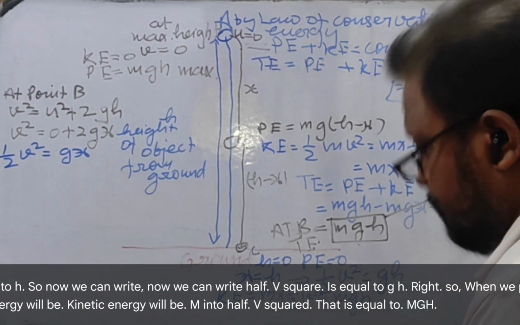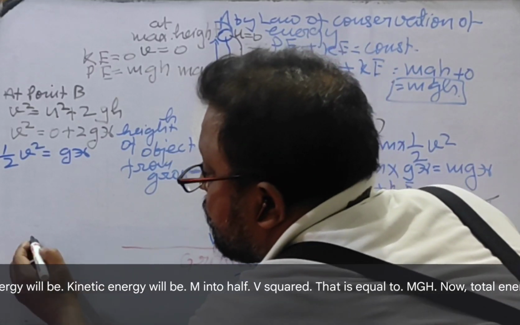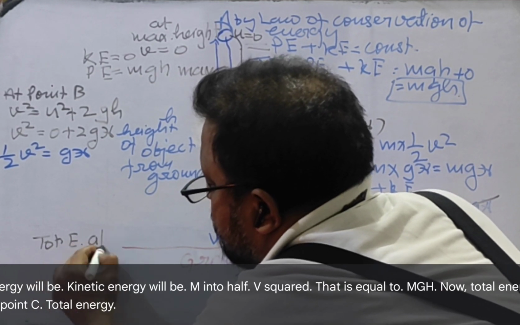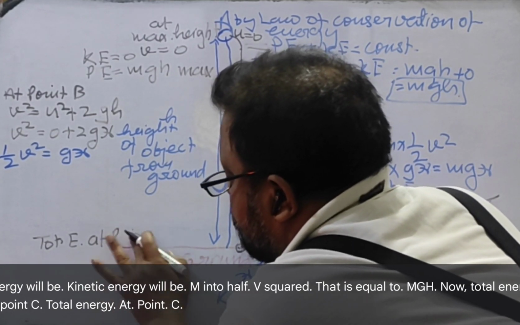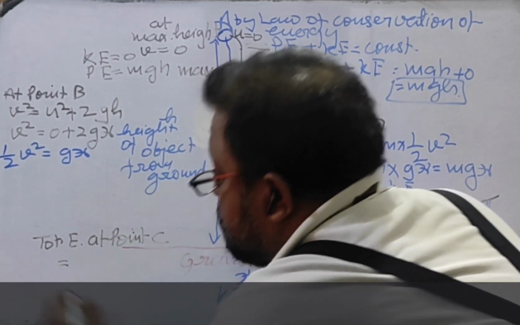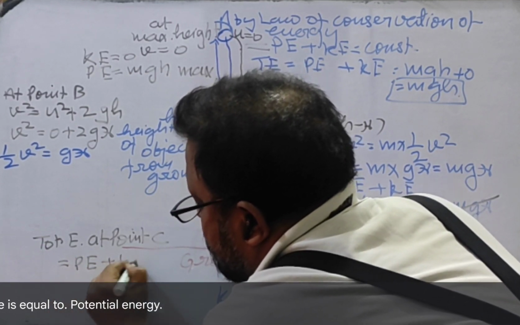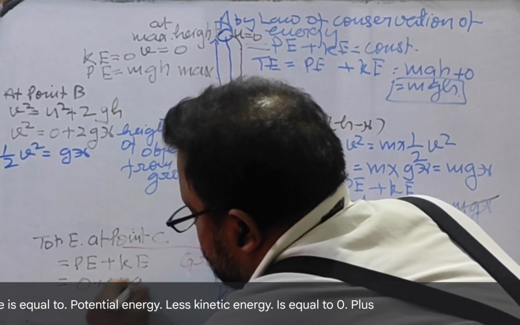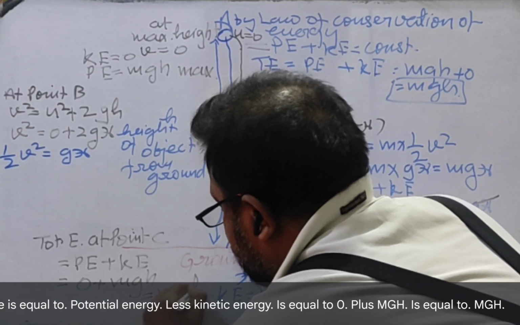Now total energy at point C is equal to potential energy plus kinetic energy, which is 0 plus mgh, equal to mgh, right?